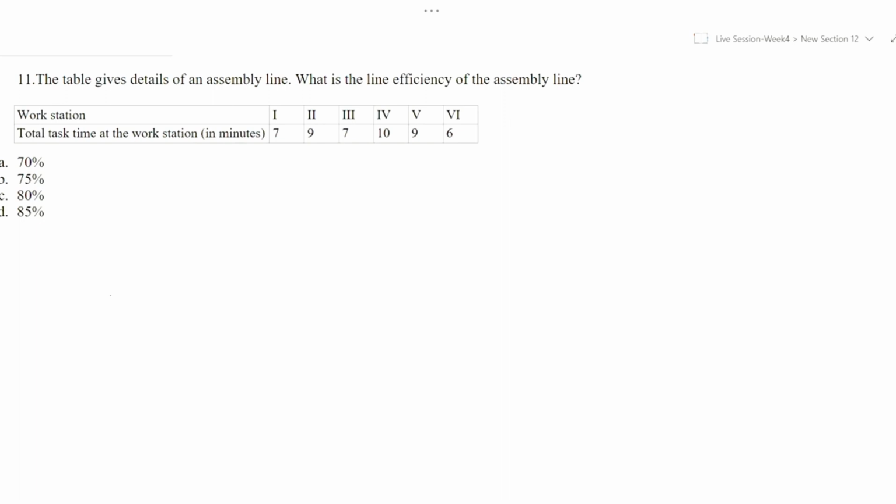The table gives details of an assembly line, and it is asking what is the line efficiency of the assembly line. So again here we will calculate the total work contained, which is 7 plus 9 plus 7 plus 10 plus 9 plus 6.